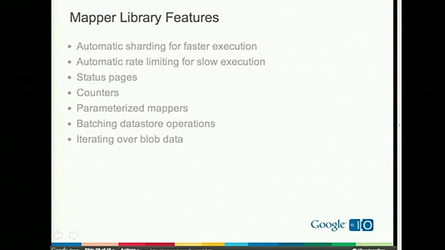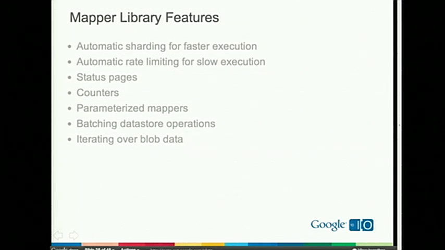So speaking about features, we have automatic sharding. If you have a huge data set, we can process lots and lots of shards in parallel. So we'll split your data sets into manageable chunks and work through them. You can rate limit for slow execution. We have status pages so that you can see how well your MapReduce is doing, what it is doing, what's the progress. We have counter support, which means that you can count certain events in your data set and use it as a reporting tool.